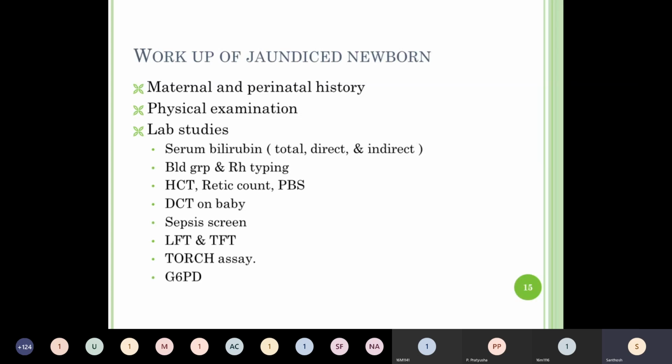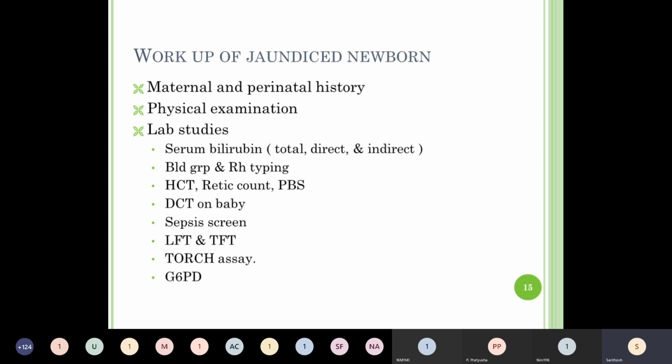The baby looks lethargic. If IUGR with petechiae, hepatosplenomegaly, microcephaly, then you do the TORCH assay in these babies.